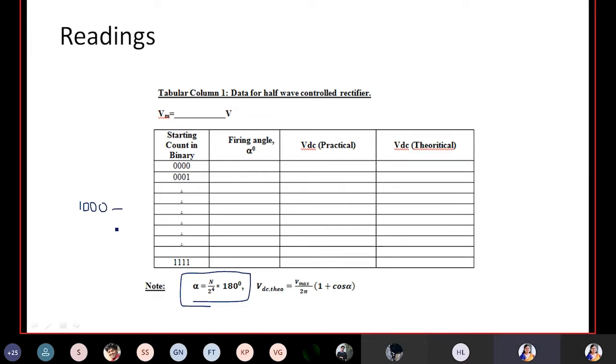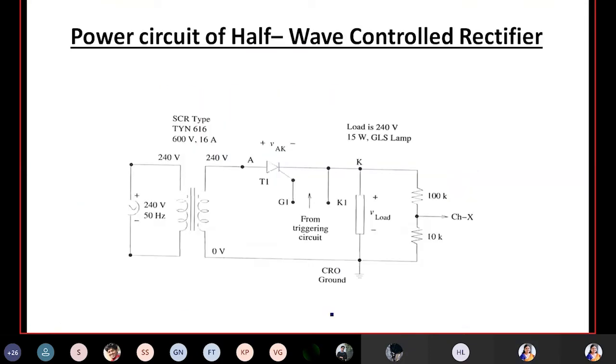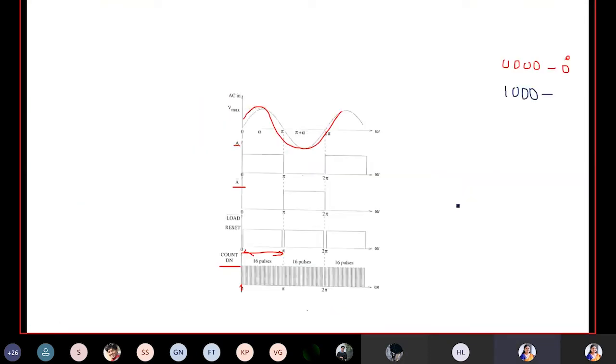What is the decimal equivalent for 1000? 8. So n is equal to 8. Calculate what will be alpha. 90 degrees.